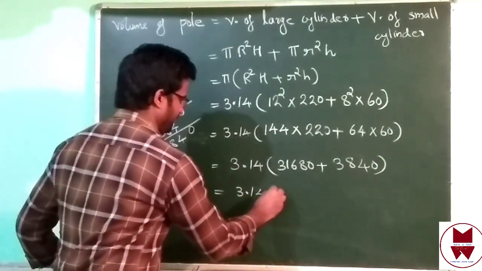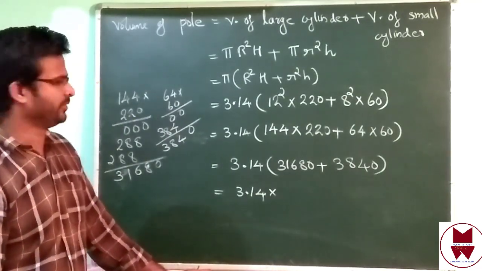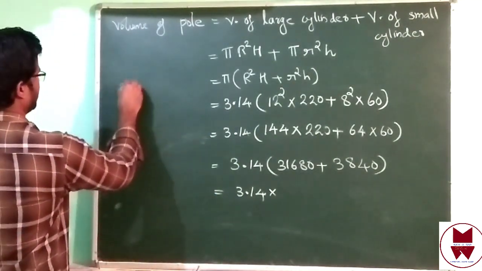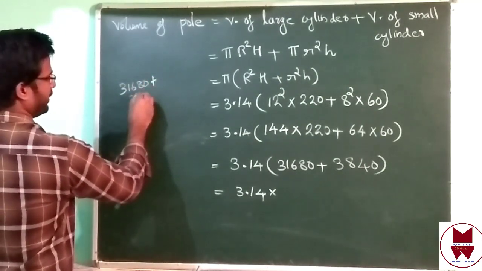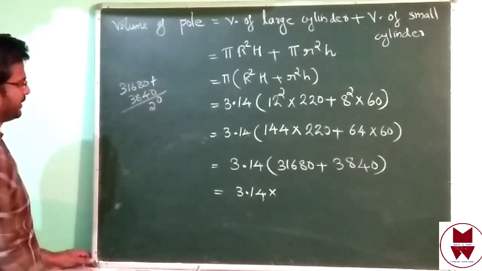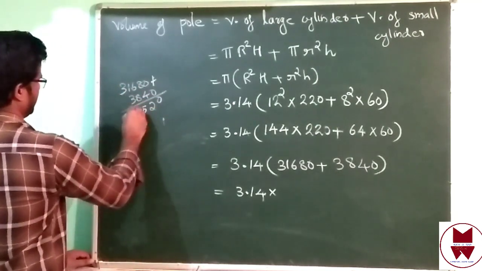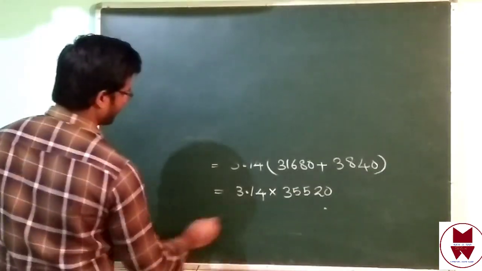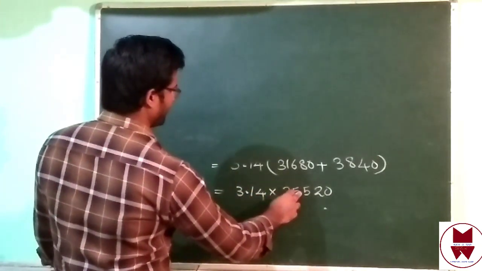Now 3.14 into, if you add 31680 plus 3840, what will you get? You can see 31680 plus 3840, we get 35520. Multiply 3.14 into 35520.